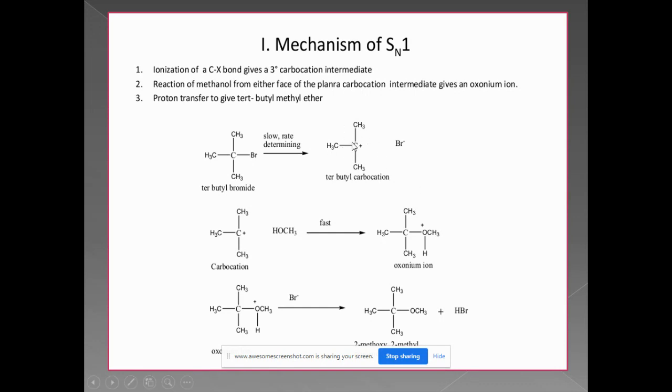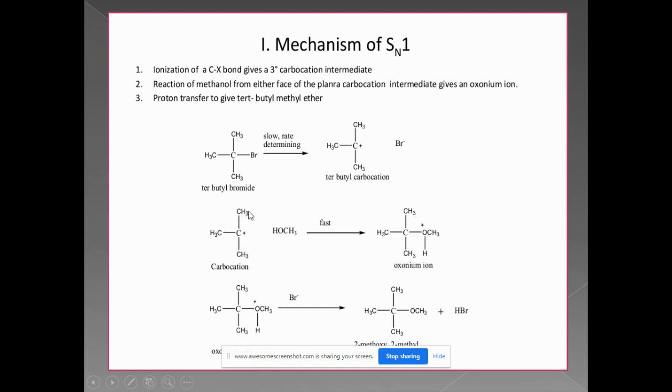So the tertiary butyl carbonium ion is initially formed after the bromine negative ion leaves. It has trigonal planar geometry, with 120 degrees as the bond angle between all the CH3 groups, where the carbon is present at the center. So this is the tertiary butyl carbocation which is formed here.